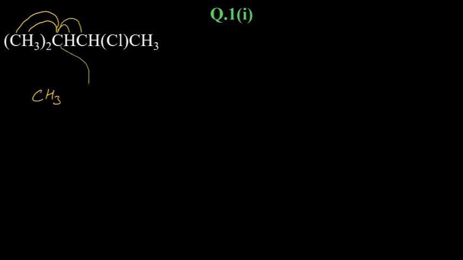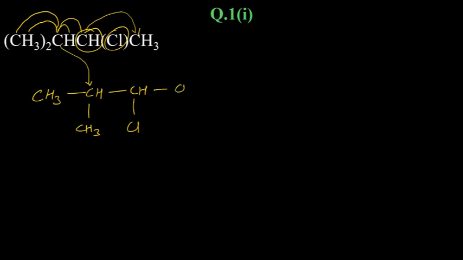So this carbon has two CH3 groups, then one hydrogen, and then this CH. This carbon has Cl on it, and this carbon has CH3 also here.